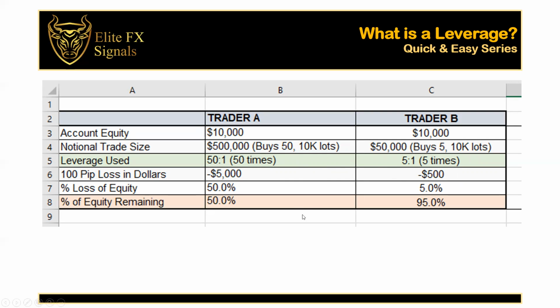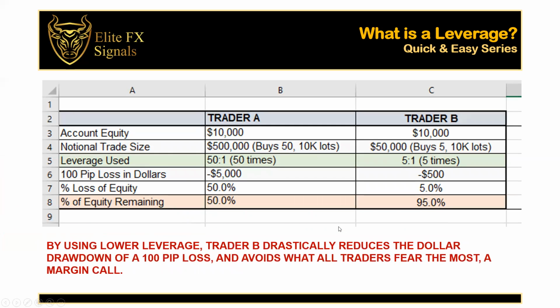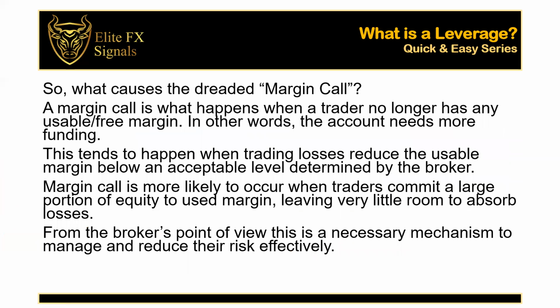So trader A's remaining equity is 50%. From the 10K, now he only has 5,000, and trader B has 95% of his initial investment. So by using lower leverage, trader B drastically reduces the dollar drawdown of a 100 pip loss. And by doing that, he avoids what all traders fear the most, which is a margin call.